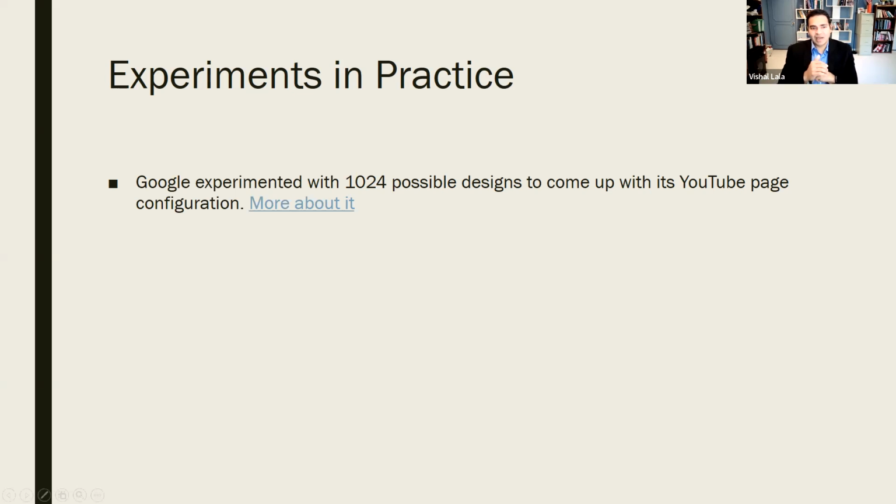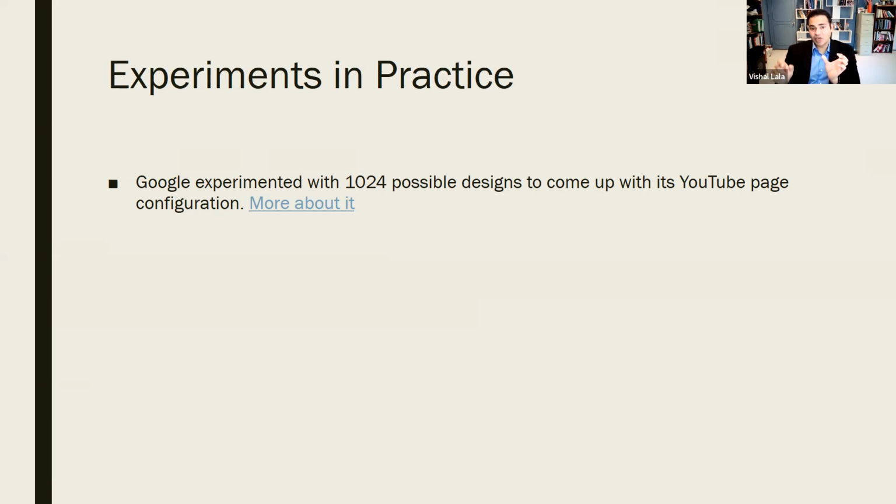very widely. I'll give you an example of Google a couple of years ago was trying to figure out which of a couple of possible combinations to use for its YouTube sign-up page. They're looking at very subtle variations in the sign-up page. They want to know whether they should say sign up.